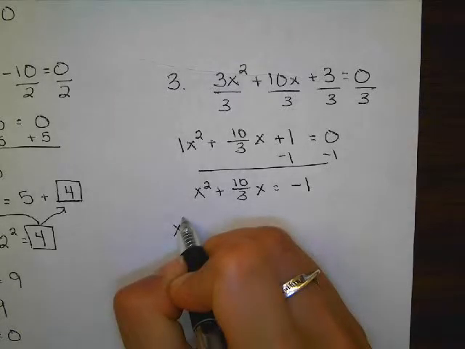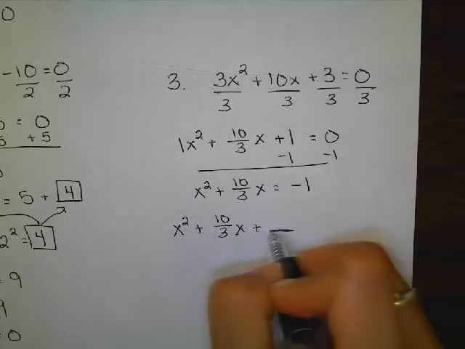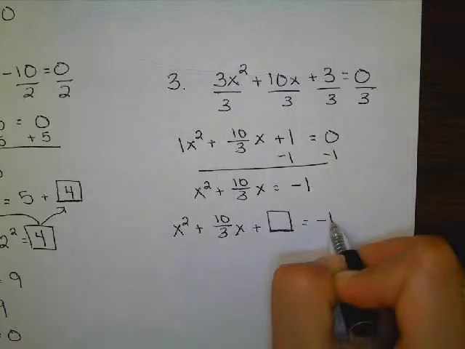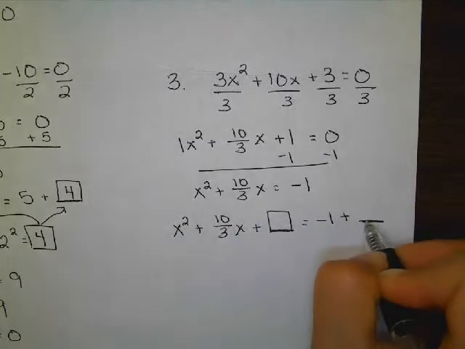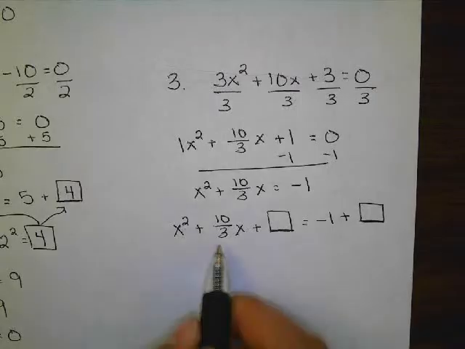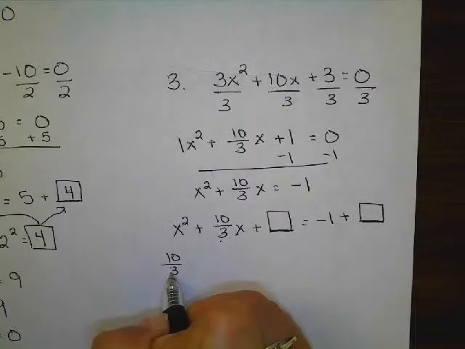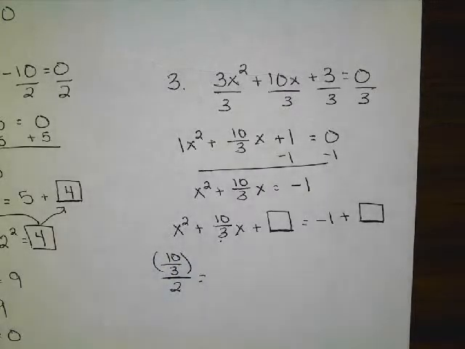Now we have to draw in our boxes to figure out which constants we're adding. Again, we'll take half of the linear term. So our linear term here is 10 over 3. We want to take all of that divided by 2.